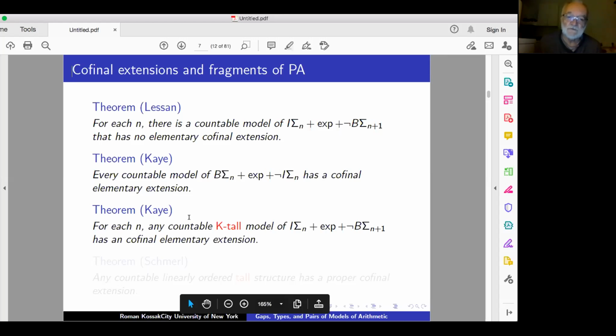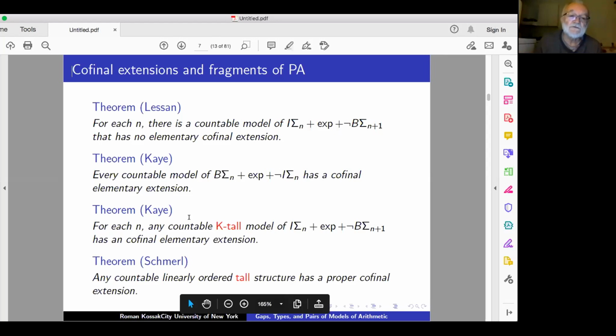And in his paper, there was this technical condition that later Jim named K tau, that certain models always have elementary cofinal extensions. And Jim looked at Kaye's theorems and proved something very beautiful. And Wonky also did something about it in his thesis, that there is a version of saturation that Jim called tallness, just for general linearly ordered structures, and those admit proper cofinal extensions.